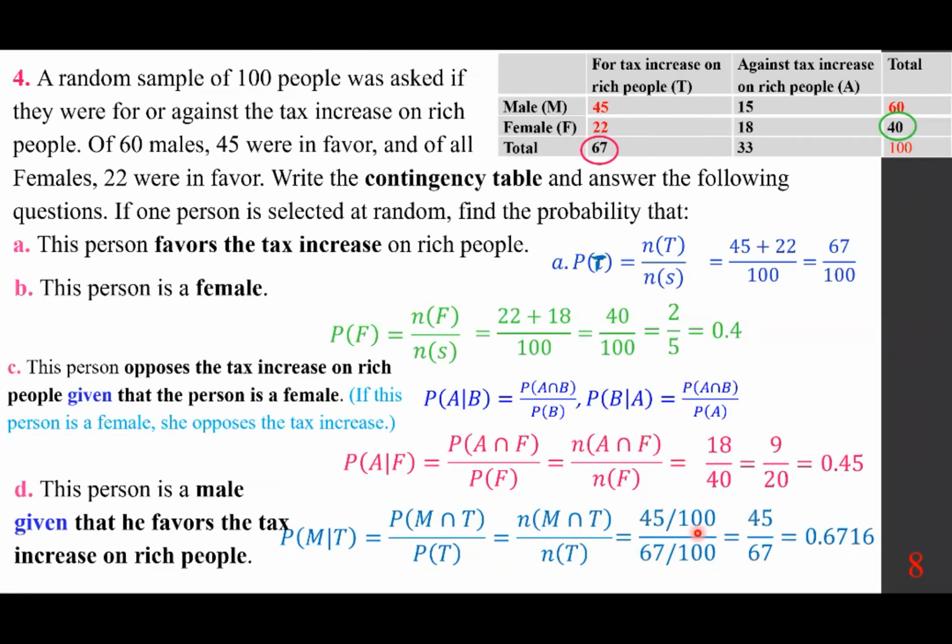We get 45 over 67, which is exactly what we have here, which is the number that is in common between the males and those who are in favor of the tax increase over the total of those who are in favor of that. And of course, over here, we have used 4 decimals. Remember, it has been truncated. We have many more decimals, and at the very least, you want to go with 4 or just follow what they ask you.